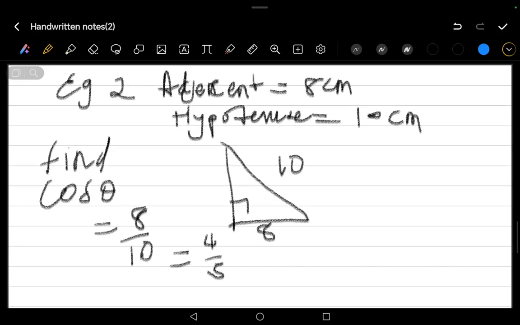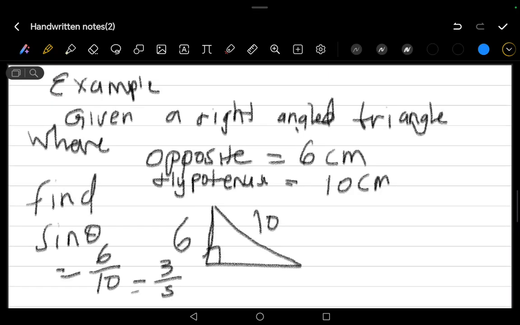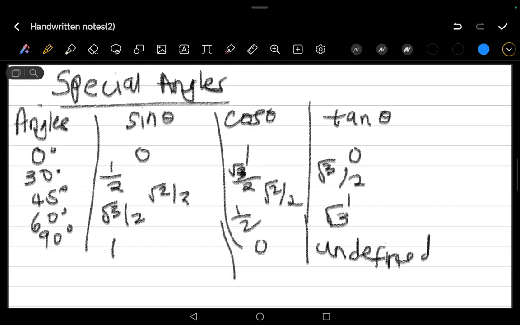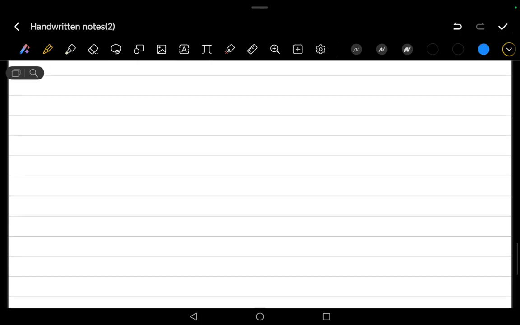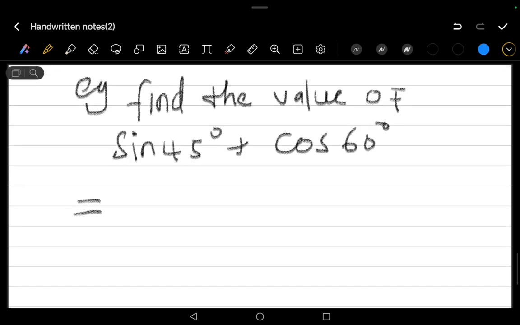Remember, I told you you should memorize this table. You should know this table. Okay, it's sine 45 plus cos 60. So I want you guys to find the value of this.